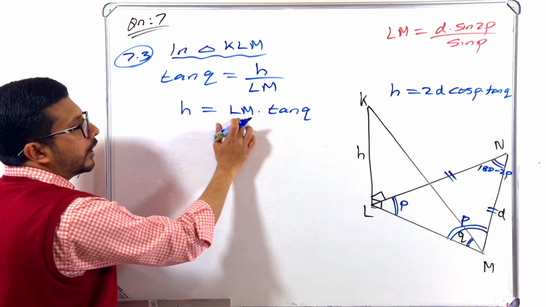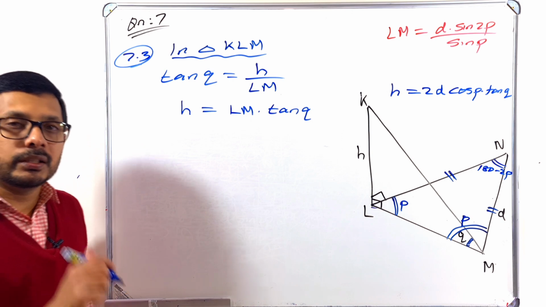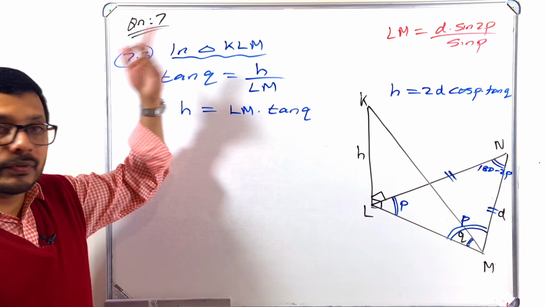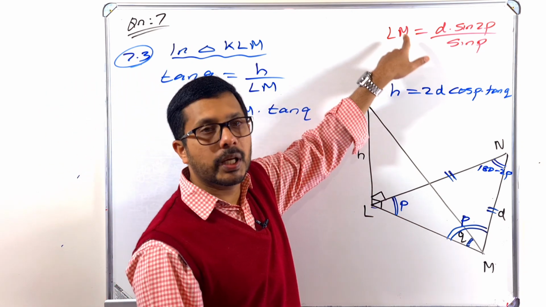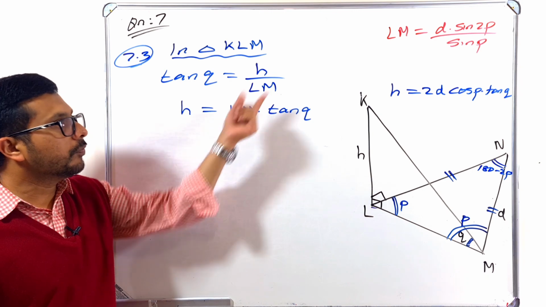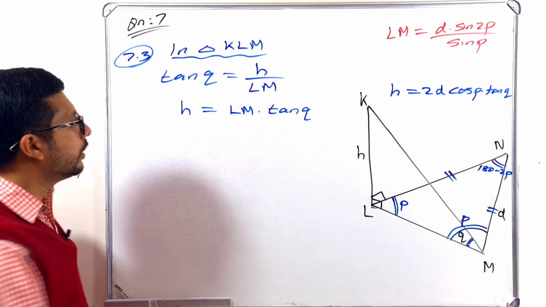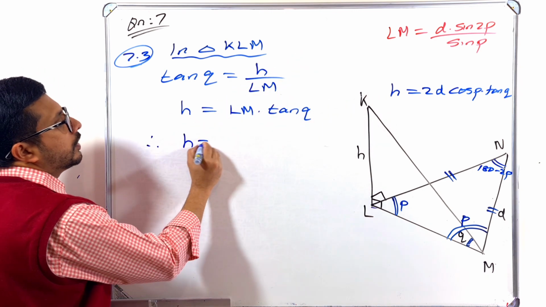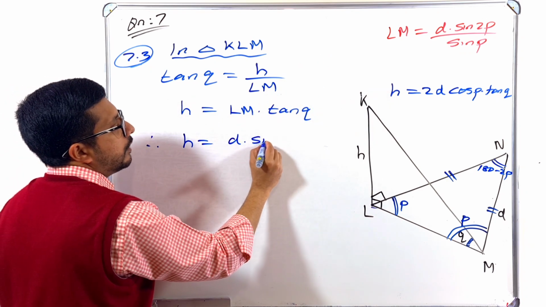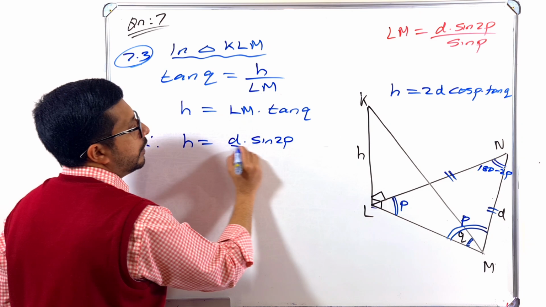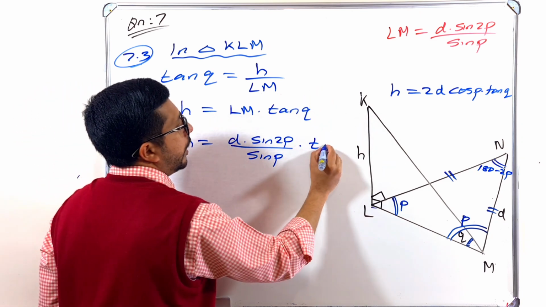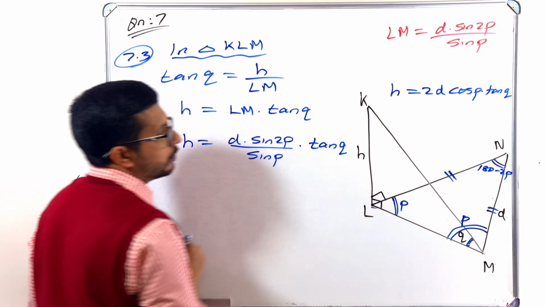That is why in this question it is written hence show that. That means we can use the previous one. In the previous question we already proved LM, so instead of this LM we can substitute that one. Therefore H is equal to d into sine 2p divided by sine p into tan q.